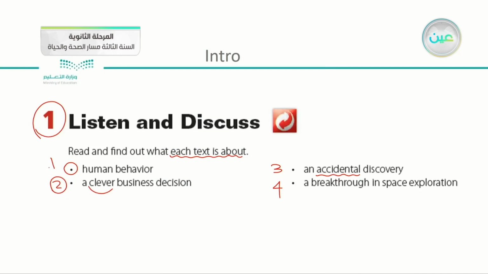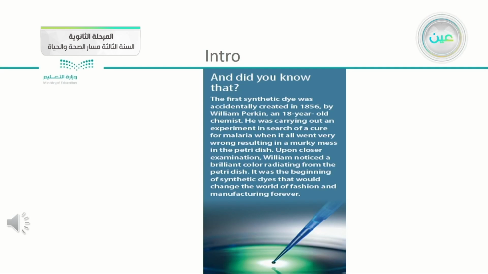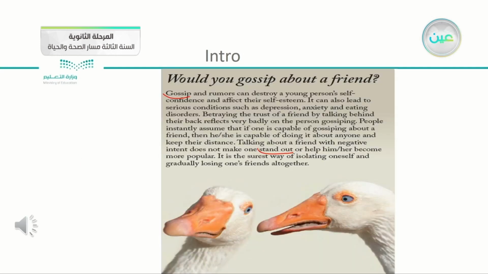So we have here something that could be considered an accidental discovery, which is number 3. Then we also have, did you know that the first synthetic dye was accidentally created? Here also we have something that was found or discovered by accident.